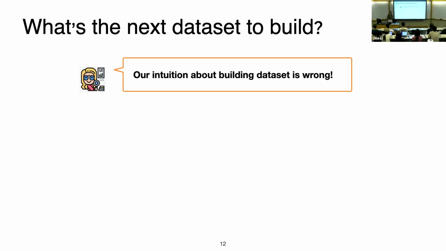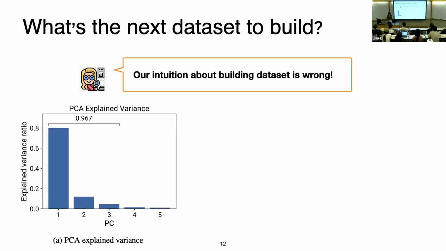So the above phenomenon suggests that sometimes our intuition for building a new dataset is wrong. We thought that we add a new dataset that's supposed to reveal some new capabilities, some new weaknesses in models, but it turns out they just reinforce each other's conclusion. We thought we've built something new, but it just confirms patterns. And specifically, it just confirms the first principal components of existing datasets. So we can see that the first PC explains 80% of total variation in model performance.